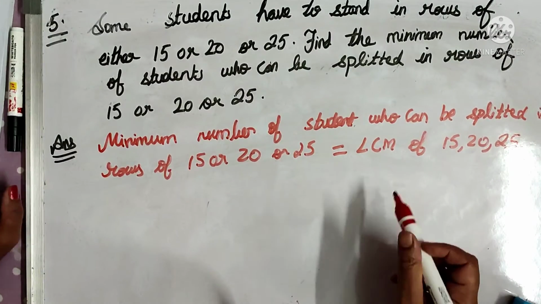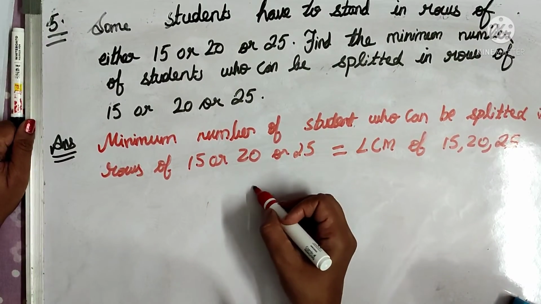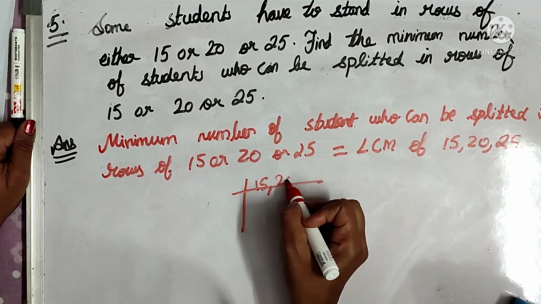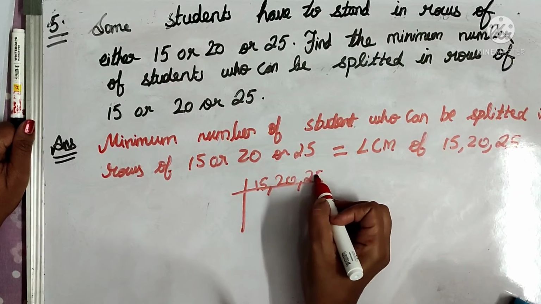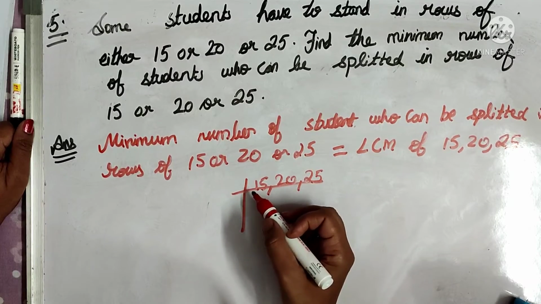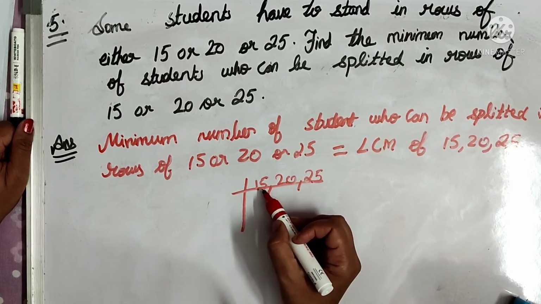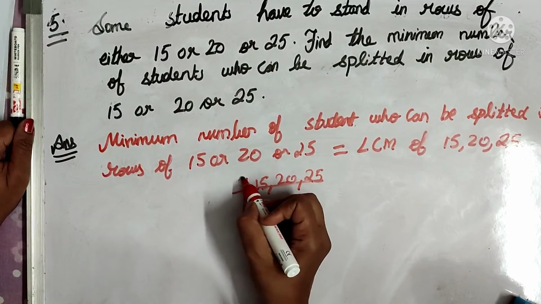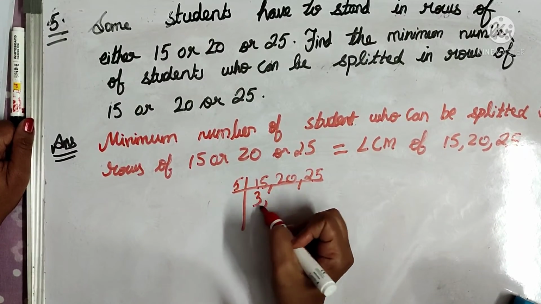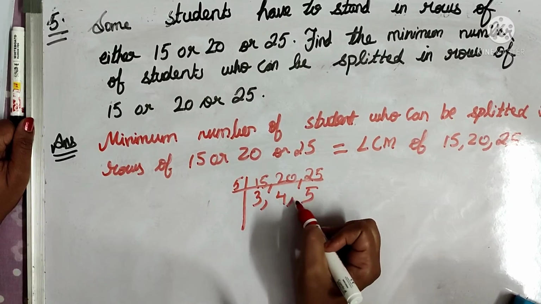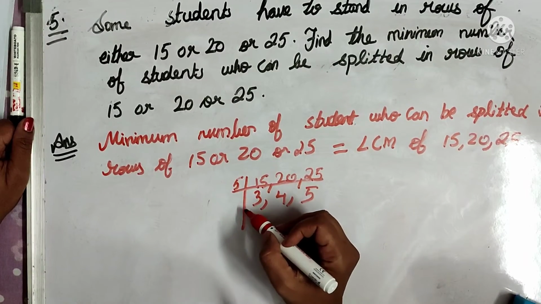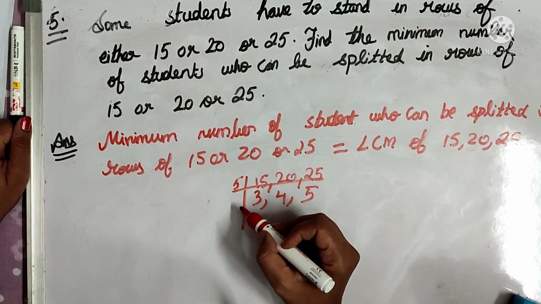Now the LCM of 15, 20 and 25, I am finding by the division method. First I will divide by 5, because at least two numbers should be divisible, and it is divisible by 5 itself. 5 threes are 15, 5 fours are 20, 5 fives are 25. Now 3, 4 and 5 do not have any common factor.